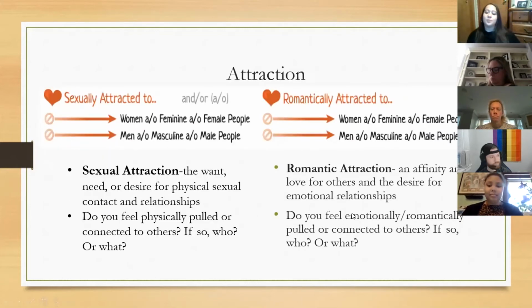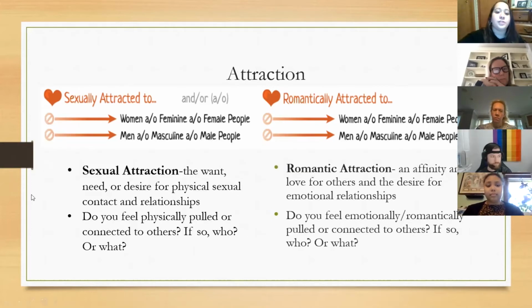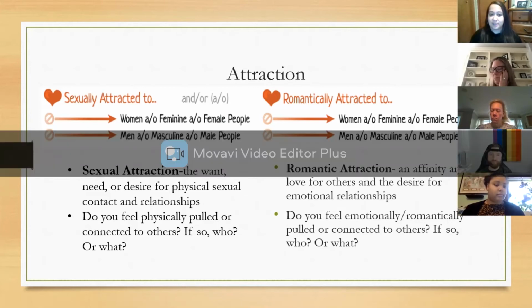All right, the next one we are going to look at is attraction. Now, those first three constructs we looked at were really looking at gender and sex, where this last one we're looking more at attraction, possibly sexual orientation, and breaking that down a bit further. So there's two different categories here because we have sexual attraction, which looks at who you feel physically pulled or connected to.